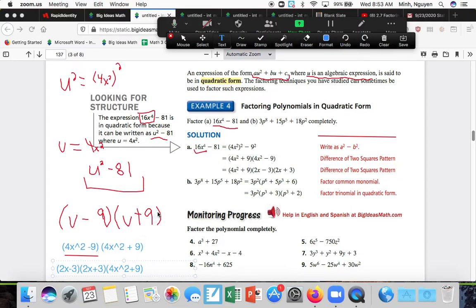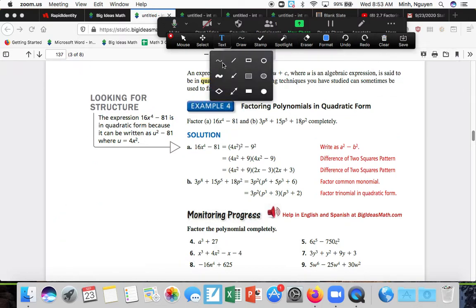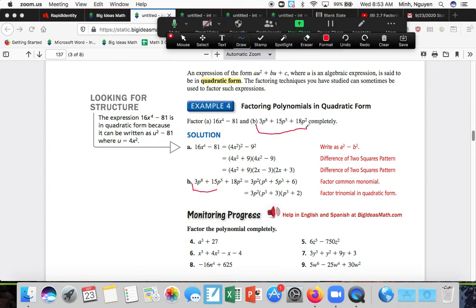So there's that. So that's one example. Here's another example. Looking at this, you should definitely factor anything they have in common. So we go ahead and factor 3p squared right away. And then we have p to the 6 plus 5p cubed plus 6.